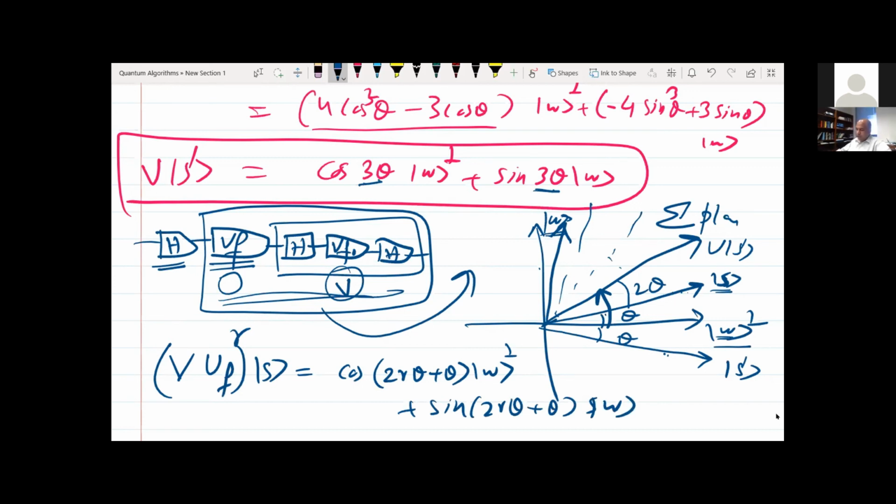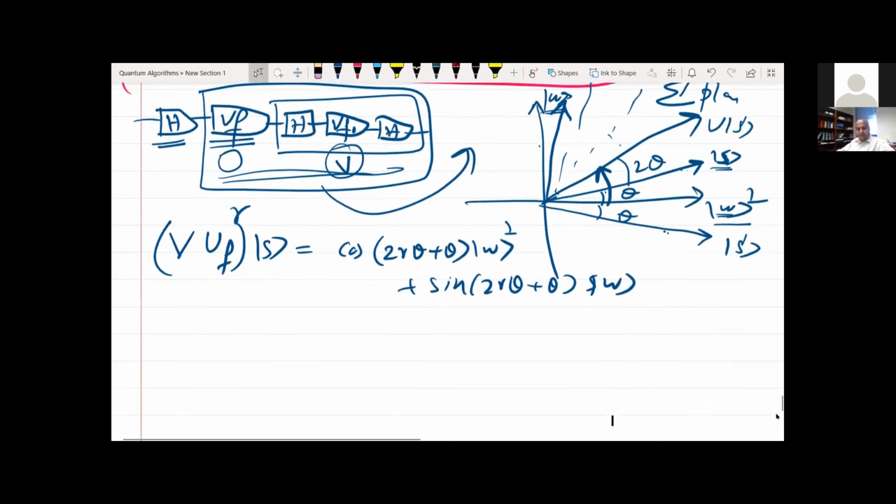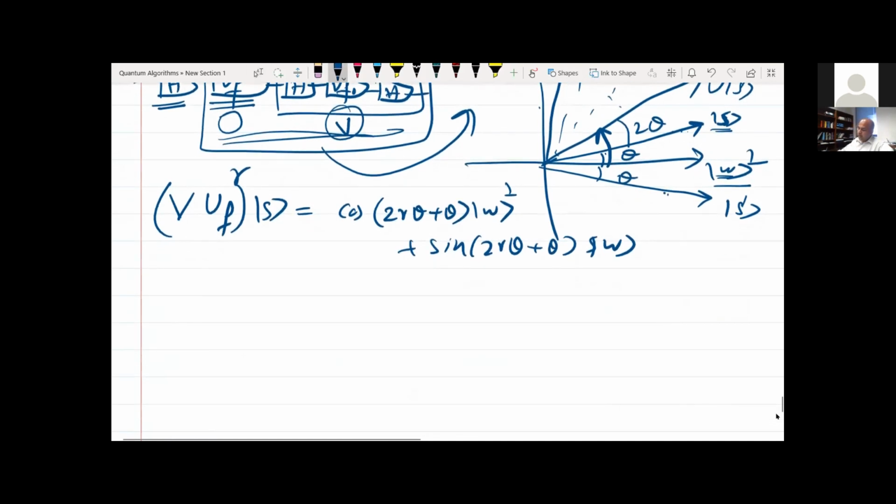So if we select an R such that this angle is 90 degrees, then this would be close to 0 and this would be close to 1, and our output state would be approximately close to omega. Which means that if I take 2R theta plus theta approximately pi by 2, I should be able to rotate my state all the way from this S state to a state close to the perpendicular axis.